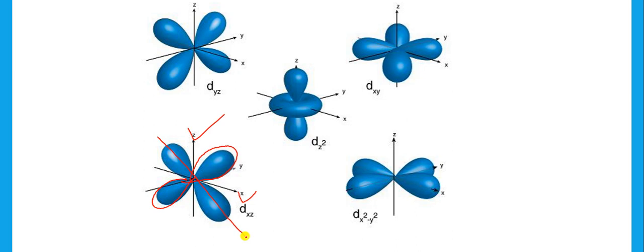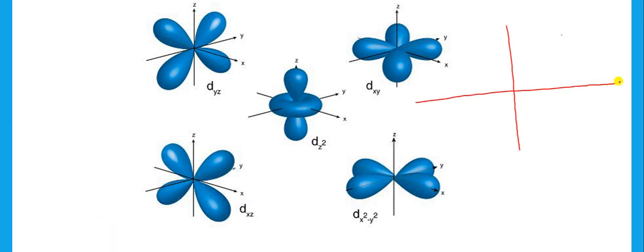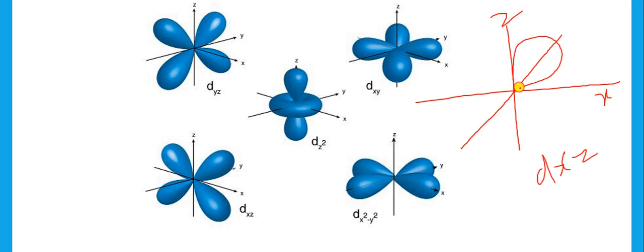Students, drawing a three-dimensional orbital on paper is difficult, so in your exams you can just draw this type of shape for dzx, showing that it is between X and Z.